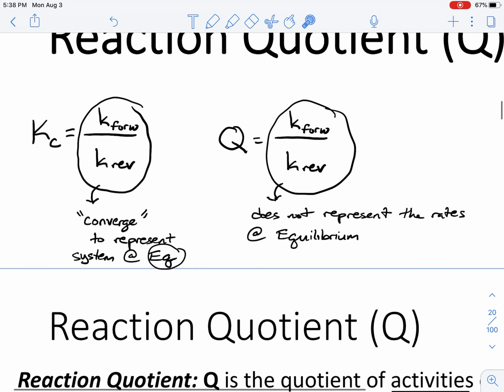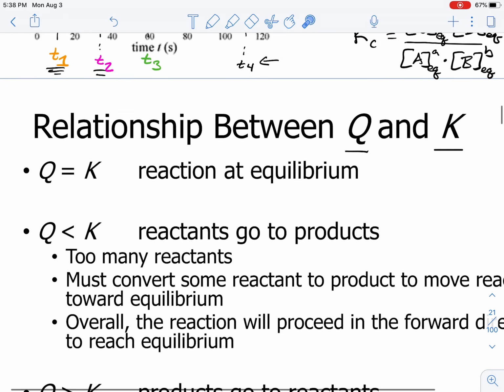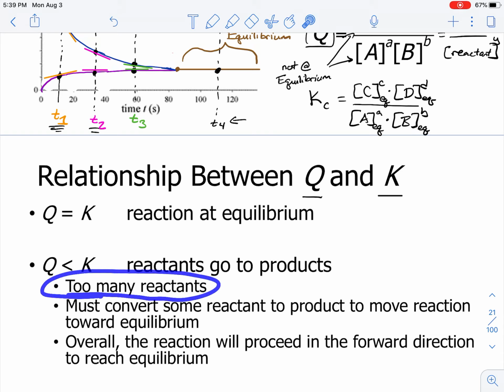And so we're going to take this definition of K and Q to help us understand the relationship between Q and K. We're going to look at the first scenario in which the reaction quotient is less than K. If we were to calculate Q and calculate K and compare these two values, and if Q is less than K, then what information is that telling us? Well, based on this paragraph that you see here, it's telling us that the reaction vessel has too many reactants.